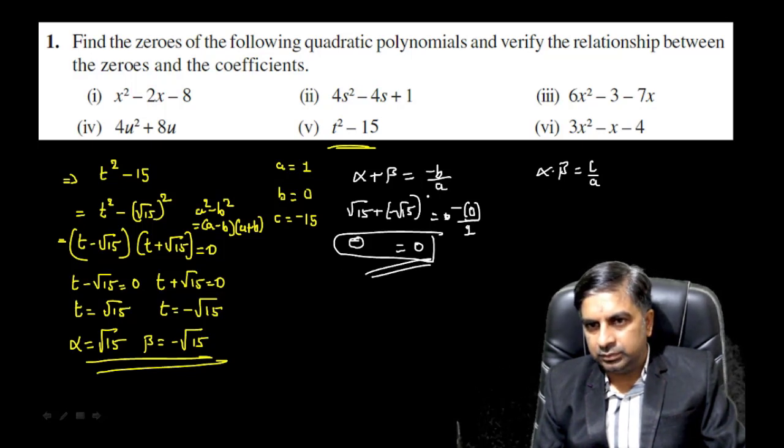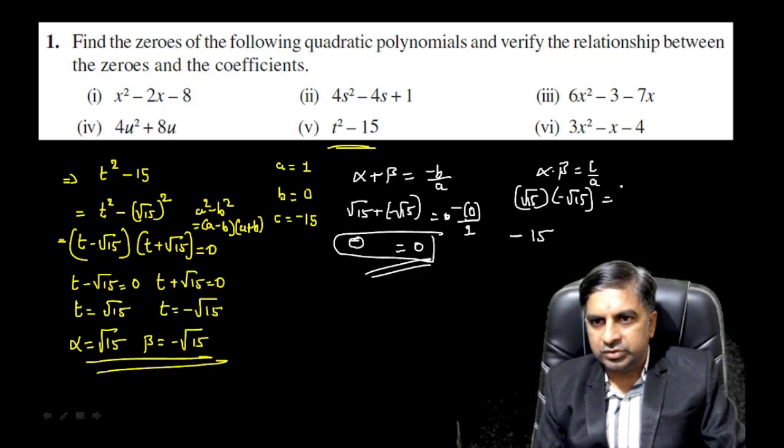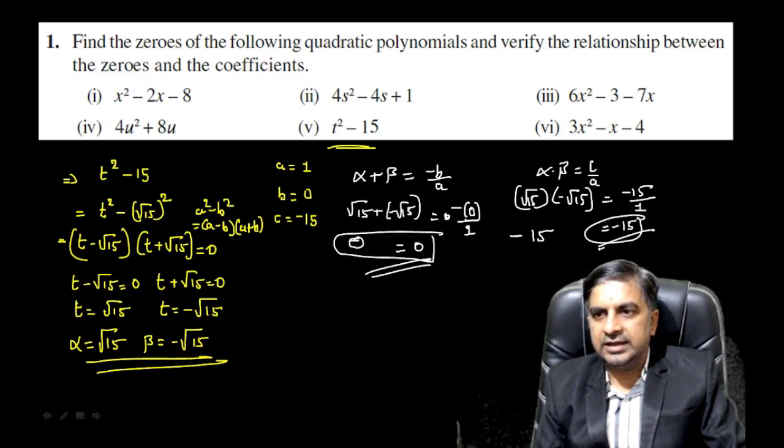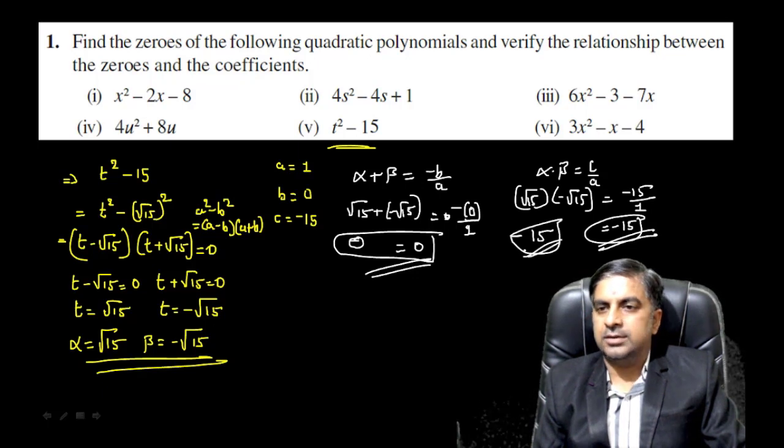So here also alpha plus beta is equal to minus b by a, and the product is root 15 positive into negative root 15. So plus minus root 15 into root 15 will give you minus 15. And what about c? C is negative 15 upon a is 1, so that will be minus 15. You can see, guys, same answer.